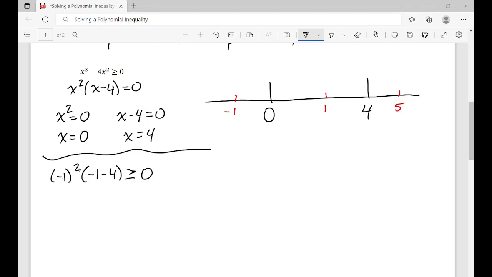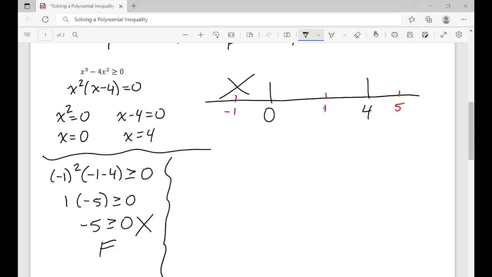Negative 1 squared gives me positive 1. Negative 1 minus 4 gives me negative 5. So negative 5 is greater than 0, and this is false. Everything over here is not true.